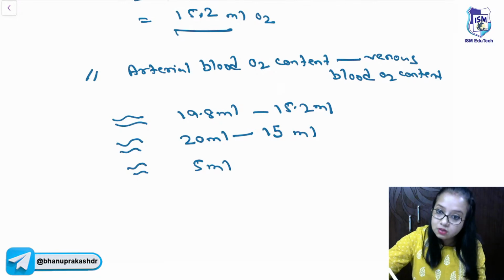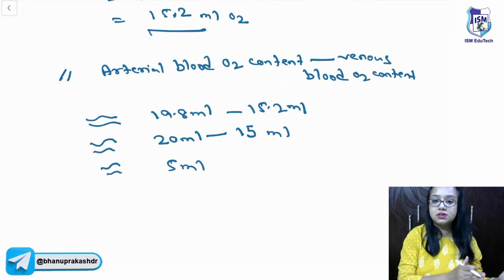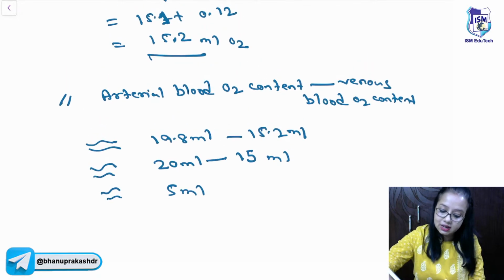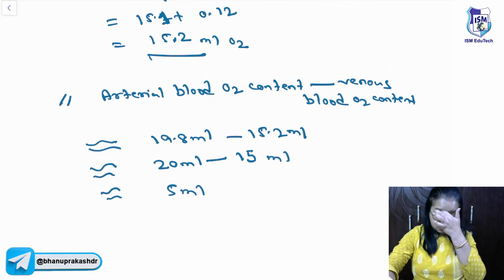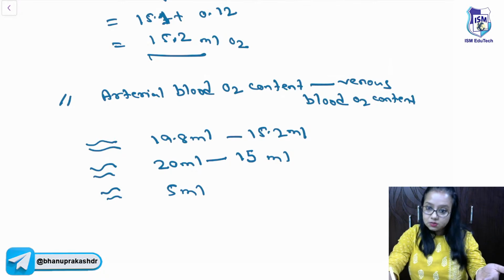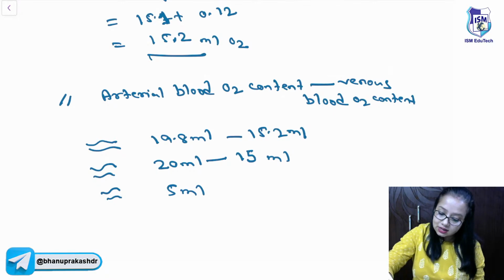So what is the takeaway from it? Arterial blood, how much oxygen was it carrying? About 20 ml; 19.8, which for our understanding we round up to 20 ml. And when the venous blood is coming back via venous return to the lungs, for purification, for exchange of gas, how much oxygen is it carrying? About 15 ml of oxygen per 100 ml of blood.